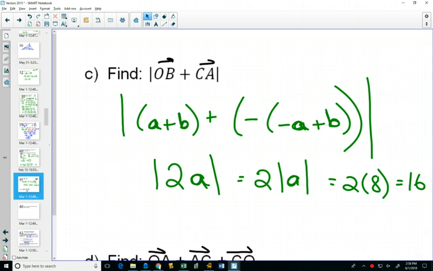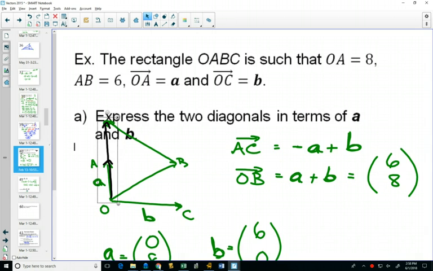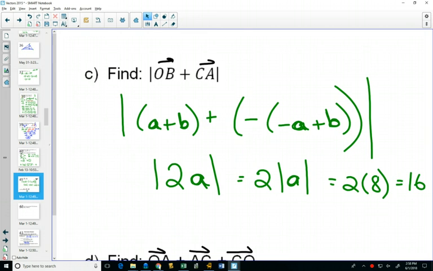Now, looking at our diagram originally, if you imagine OB and then drawing the vector C to A, you can see that you're going 2 in the A direction. Then the length of 2A is the same as 2 times the length of A, and that's just 2 times 8, which is 16.